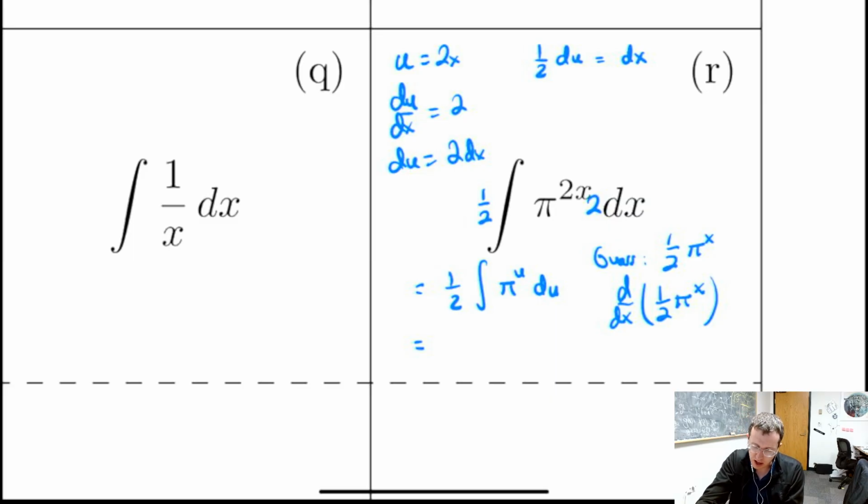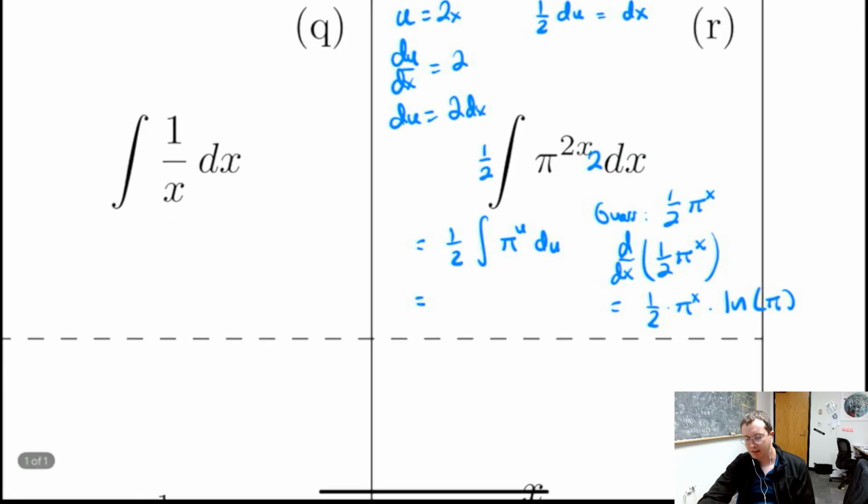So how do I check? If I think this is the antiderivative, I should take the derivative and see if I get the thing that I was trying to integrate. If I differentiate this, I get 1/2 times pi to the x. And we do need to at least remember the derivative of an exponential function. When you differentiate an exponential function with a base other than e, you end up multiplying by the ln of the base.